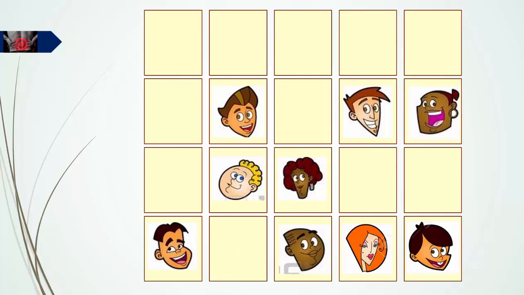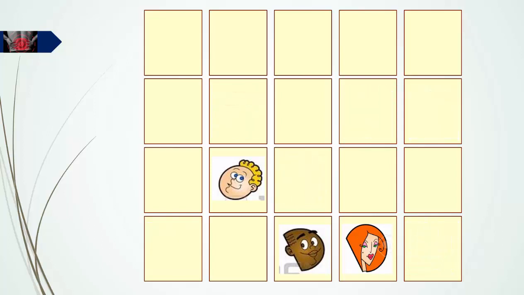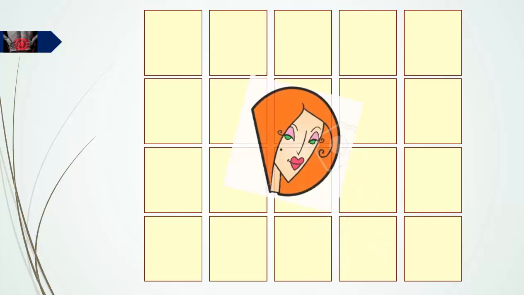Your opponent then asks, do you have brown hair? And you answer no again, so your opponent can then eliminate all brown-haired people from the card holder. Your opponent then asks, are you male? And you answer no. And your opponent is left with a single option, the correct answer.